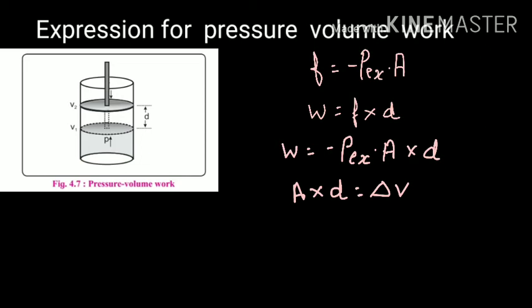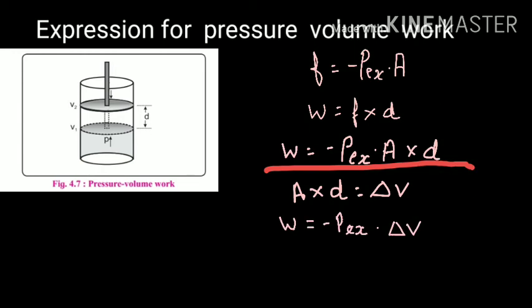So if we substitute these values in the above equation, in place of A into D we will write delta V. So we will get minus P external into delta V. You can also write it as W is equal to minus external pressure.